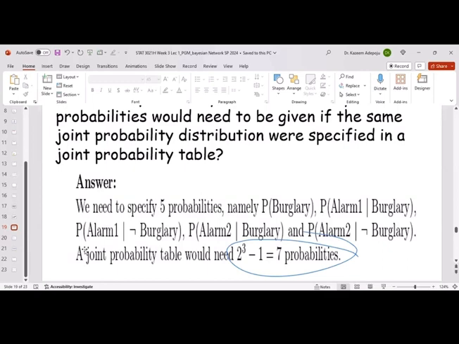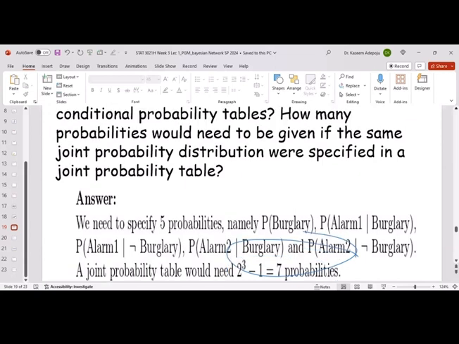Because each variable has 2 levels, and there are 3 of them. That is the formula to know the possible probability values. But let me tell you this. That is a possibility. If you go back here, take a look at the way it is framed.